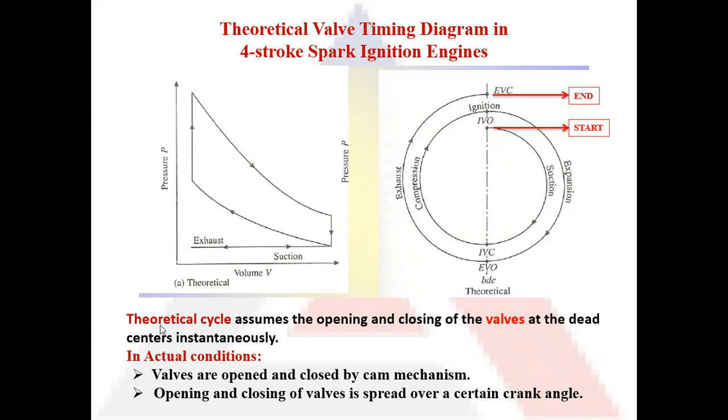In the theoretical cycle, we assume that the opening and closing of the valves is at the dead centers, and that opening and closing is instantaneous. Meaning as the piston reaches the top dead center, the inlet valve opens completely, and as it reaches the bottom dead center at the end of the suction stroke, the valve closes instantly. Similarly, the exhaust valve opens instantly and closes instantly.